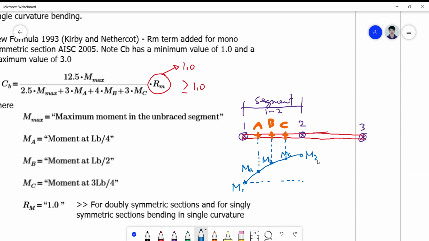The new formula is a little bit more involved compared to the old formula.